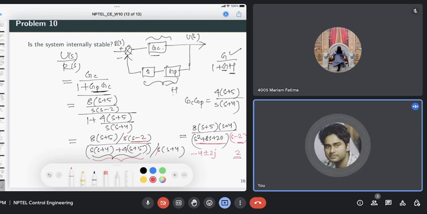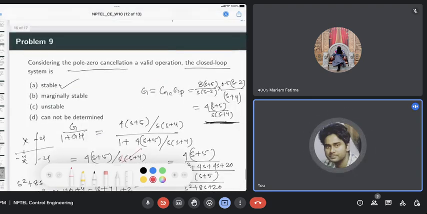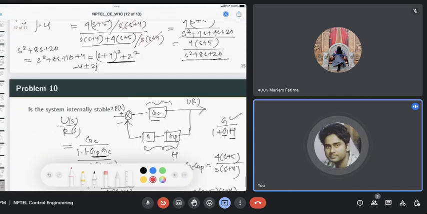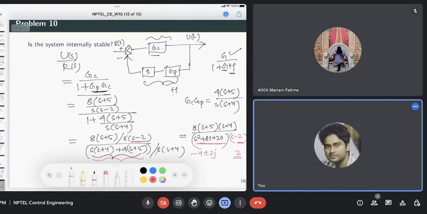So you see that for this internal signal here, if we compute the transfer function, then it has a right half plane pole at 2. So this internal system is not stable, right?